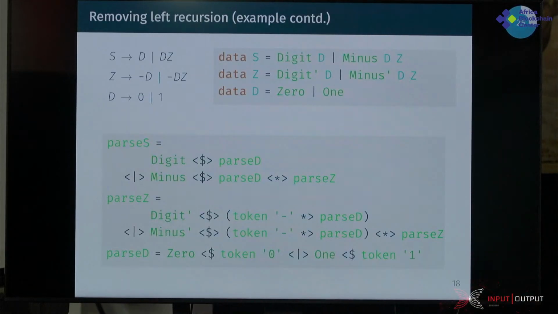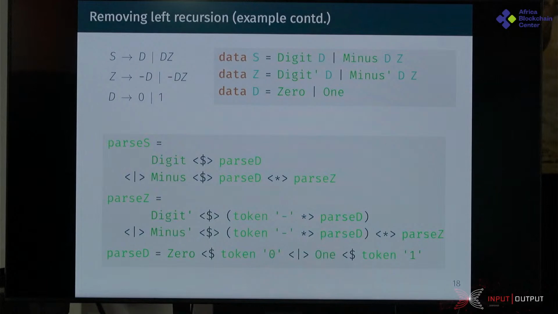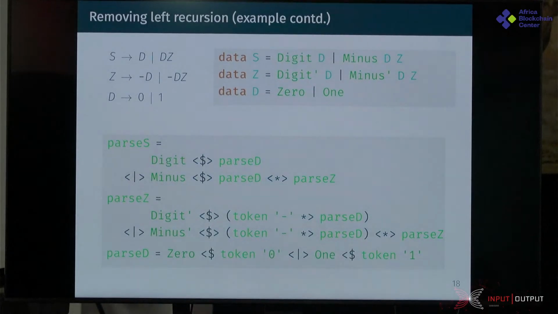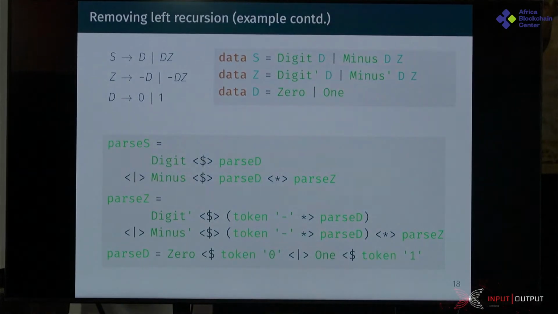But that can sometimes be a problem. Depending on what grammar you have, if it is left recursive and you want to use combinator parsing, then you have to do this transformation first. But I decided that it's not important for this class, because what are the chances that you want to write a parser? And if you want to, then you can just look up how to fix it.